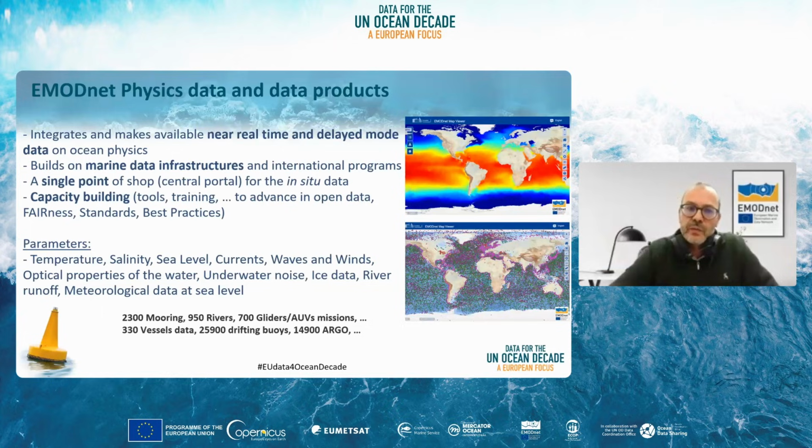Also, EMODnet is working on capacity building, tools and trainings to advance open in situ data sharing, which is again very relevant for the value chain. The parameters that can be found in EMODnet physics are mentioned there: temperature, salinity, sea level, and others. This data comes from a lot of observing platforms: moorings, river gauges, gliders, vessels, drifting buoys, etc.